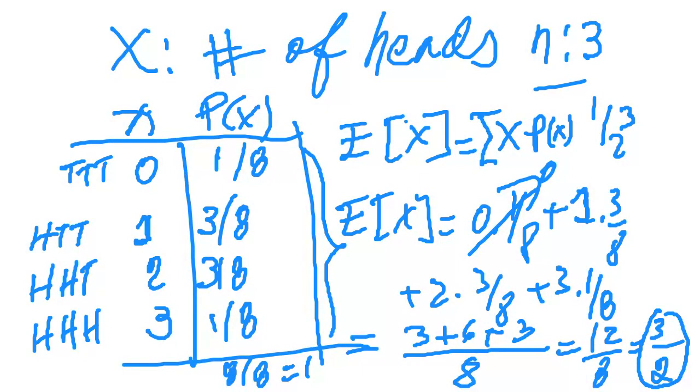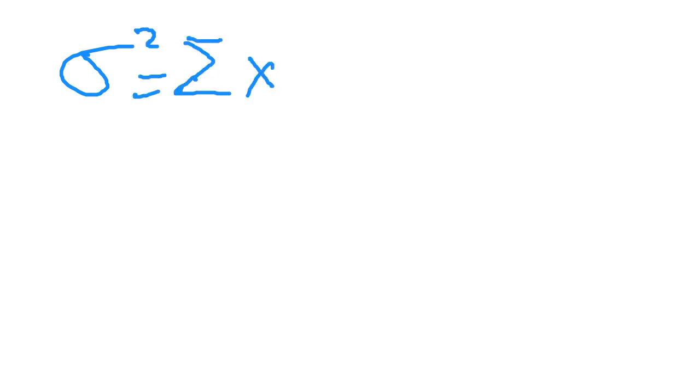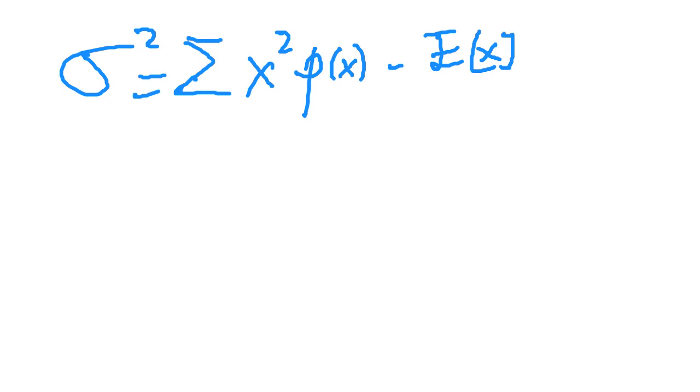But I want to do the variance. The variance is equal to the summation of x squared times the probability of x, minus the expected value of x squared.